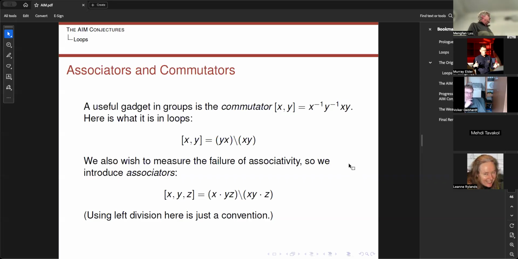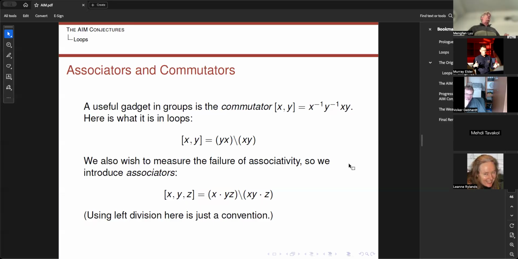You can play the exact same game in loops, and there are reasons to do so. So you can introduce a commutator. Now, this is a convention for what they should be. There are other possible conventions that one could use. And this particular term, yx divided into xy, is what we're going to consider to be a commutator.